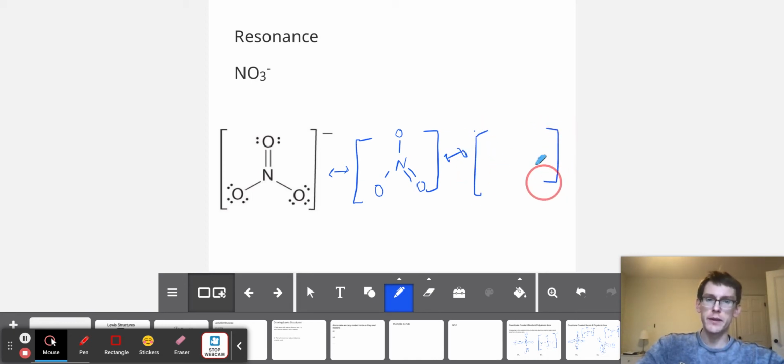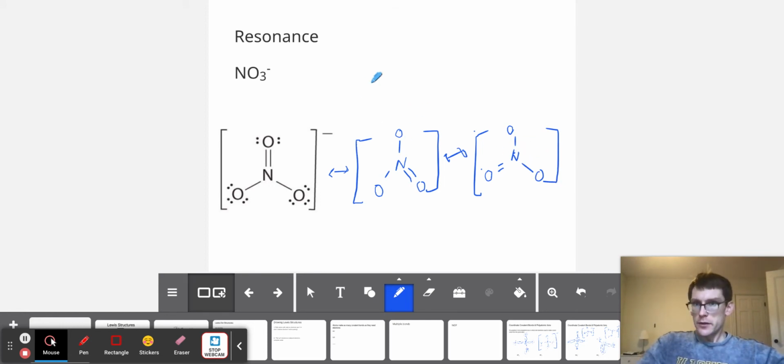I'm just going to omit the lone pairs, but you can imagine there would be two lone pairs on the doubly bonded oxygen in both of these resonance structures, and there would be three lone pairs on the singly bonded oxygens in the other two oxygens in these two structures.